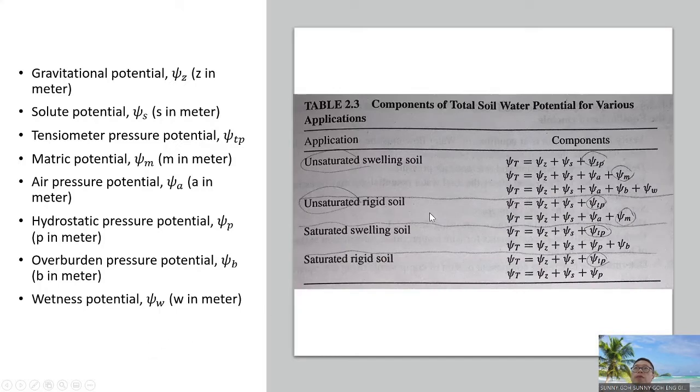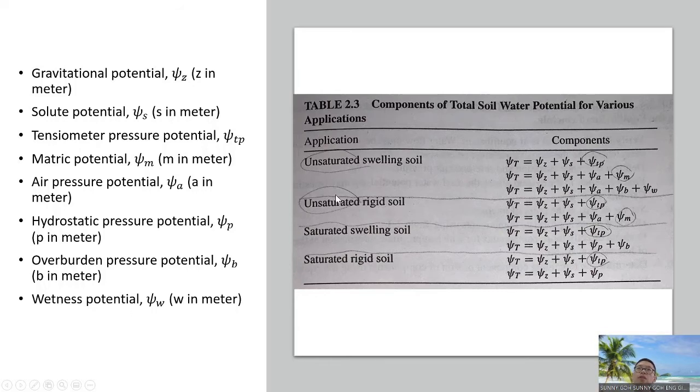Okay, so here is the table. Table 2.3 shows the components of total soil water potential for various applications, and the symbol is listed here. So we have gravitational potential, solute potential, tensiometer pressure potential, matric potential, air pressure potential, hydrostatic pressure potential, overburden pressure potential, and wetness potential.